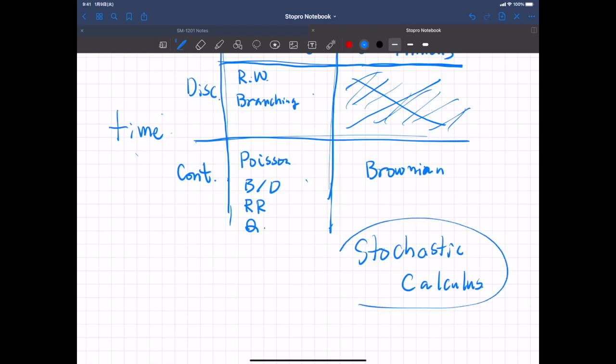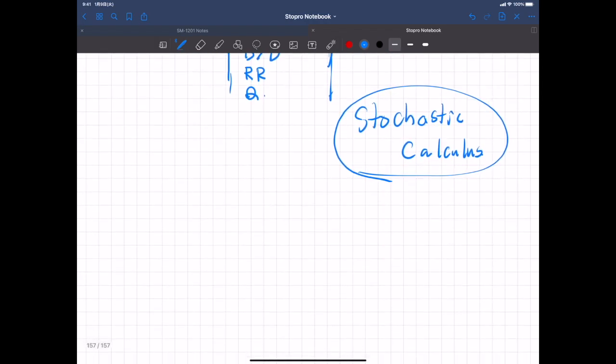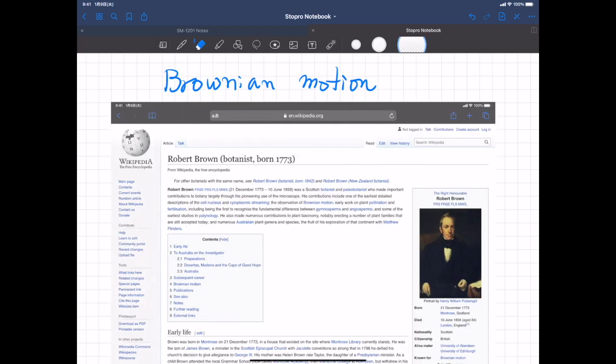Of course, stochastic calculus is not so easy. It's quite difficult, so it's actually beyond the scope of this lecture. So we only deal with it in a very informal way. So bear with that. Okay, let's study Brownian motion.